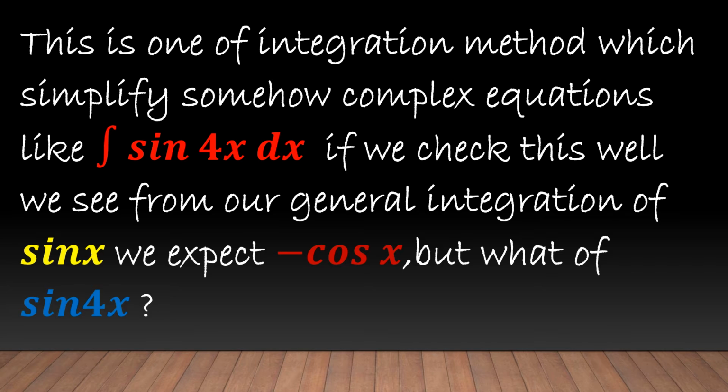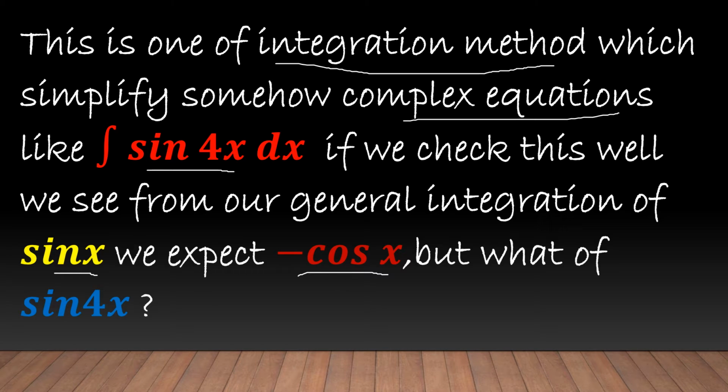So this is one of the integration methods which simplifies some of complex equations like this one. If you have integration of sine 4x, and if you check this well, you see that our general integration for sine x, you expect to be a negative cosine x.